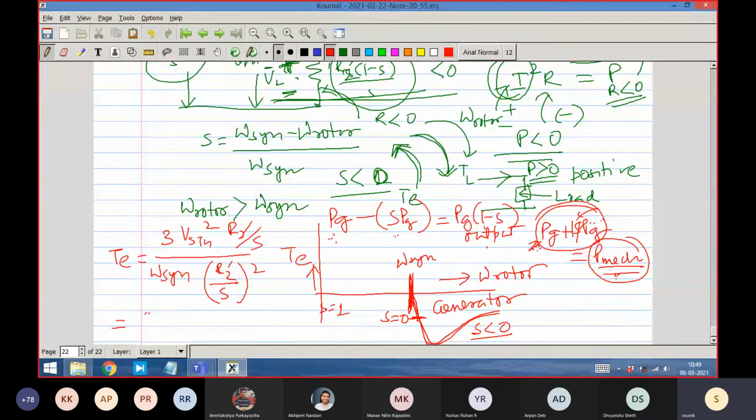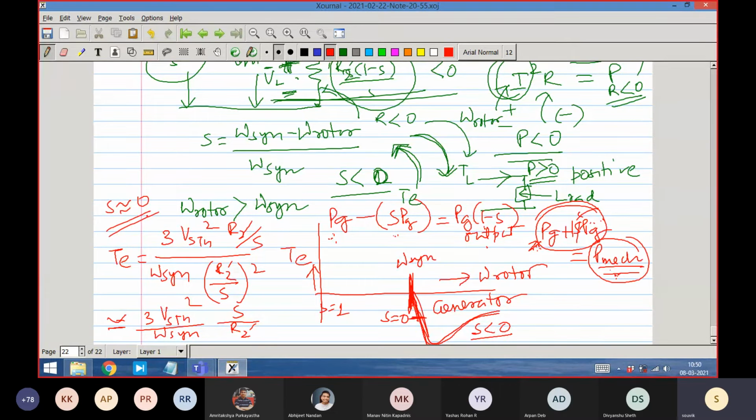It is 3 Vs Th square by omega sync, and this cancels, so it is S by R2 dash. This is a very good expression of torque when slip is low. The assumption is slip is nearly equal to 0, which is the interesting zone.